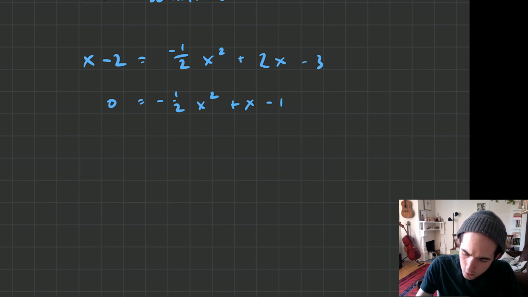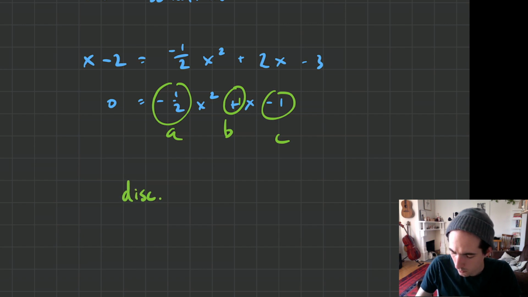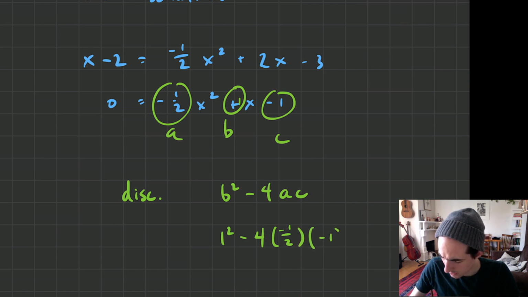Using the quadratic formula, this would be A, this would be B, a positive 1, and this would be C, and let's take a look at the discriminant. The discriminant is b squared minus 4ac. So I get 1 squared, minus 4 times a, which is negative 1/2, times c, which is negative 1.